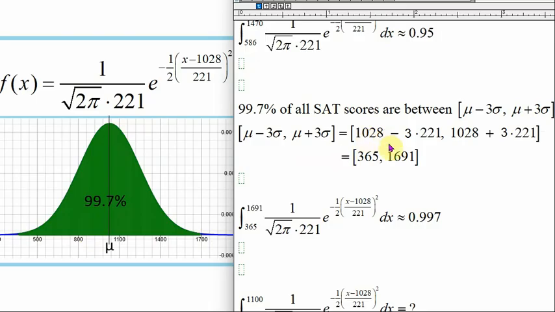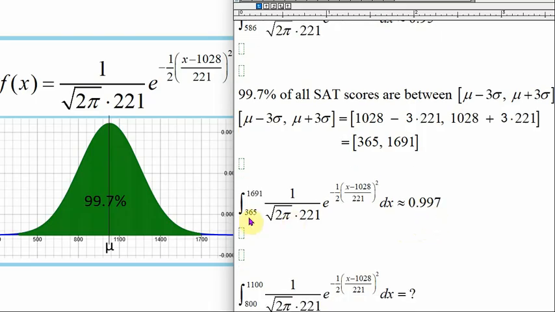In this case, we'll get 365 and 1691. So the area between the graph and the x-axis from 365 to 1691 will be about 99.7%, or 0.997. So this is what the integral would look like.